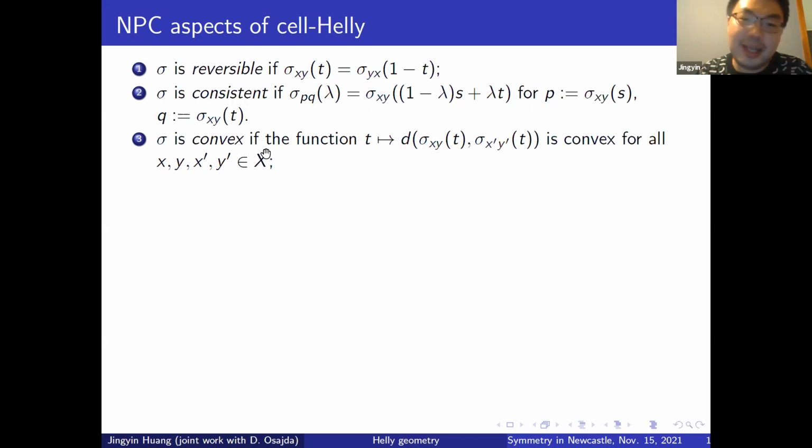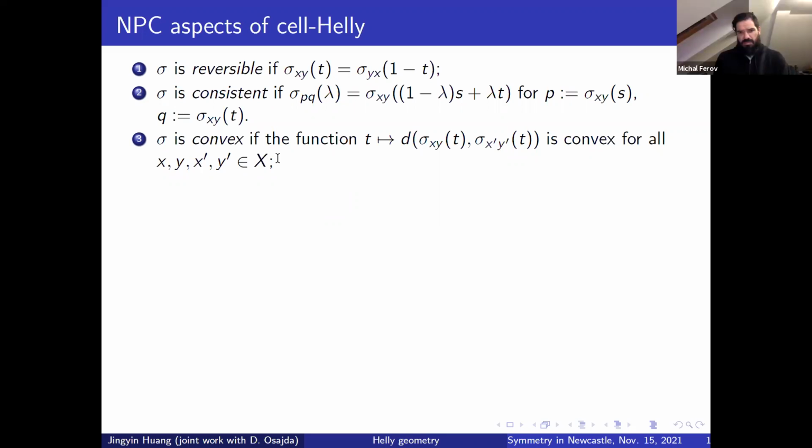You can understand the third condition as a weak form of nonpositive curvature. For example, it is going to be true if you are in a Euclidean space. If you have two geodesics and you move along them, this function is going to be convex. This also holds true for CAT(0) spaces.